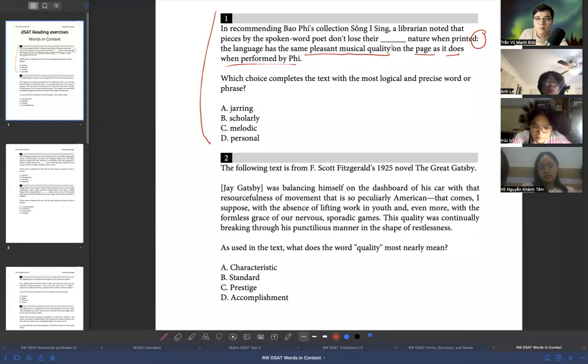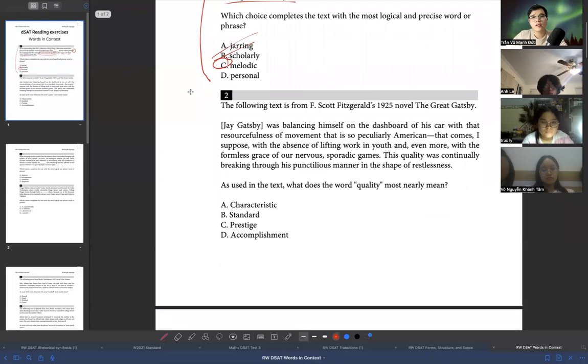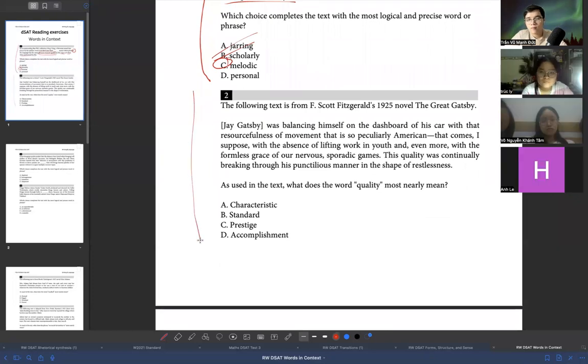Pleasant musical quality. All right. This colon says that this has the same pleasant musical quality. So it can't be jarring. Jarring is very annoying, right? Jarring is incorrect. Scholarly is also incorrect. So melodic is the one I'm looking for. Exactly. Next one, too. Can you do this for me, Lina?